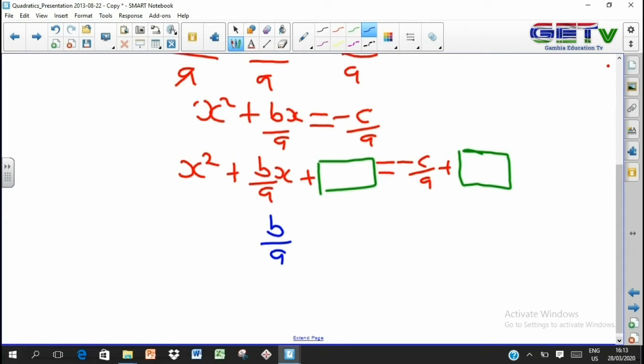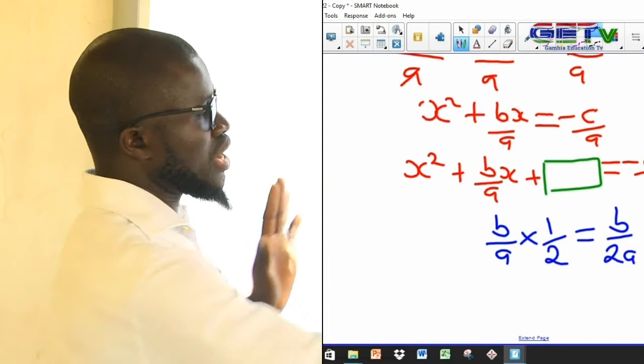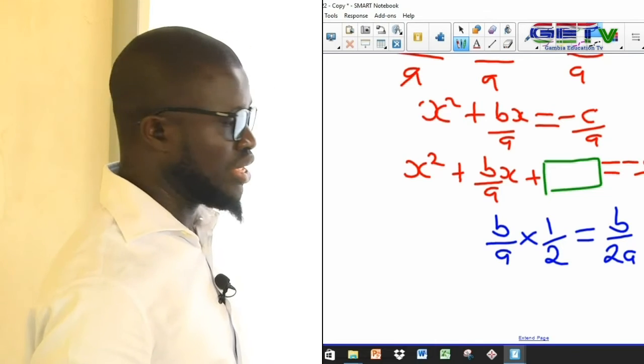So to help us get the answer, I will multiply this by half, since that's the procedure to get the number. If you multiply b over a times half, that is b times 1 is b, over a times 2 will give us 2a. But remember again, the rule said the moment you get the result, you must square the result before adding it to both sides of the equation.